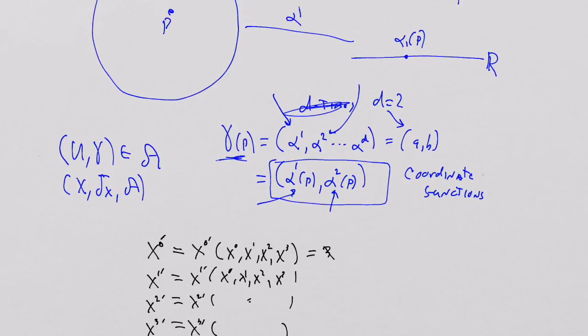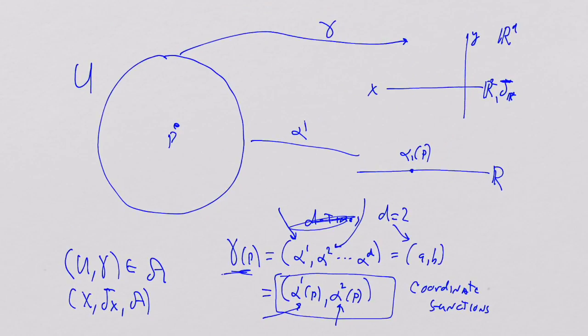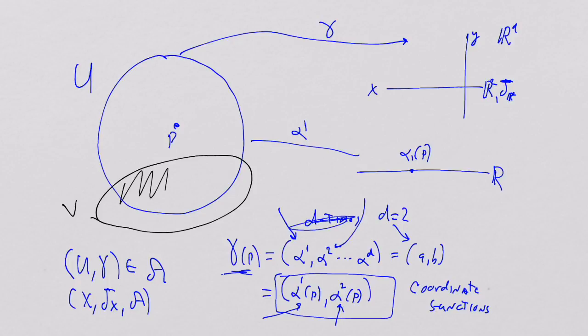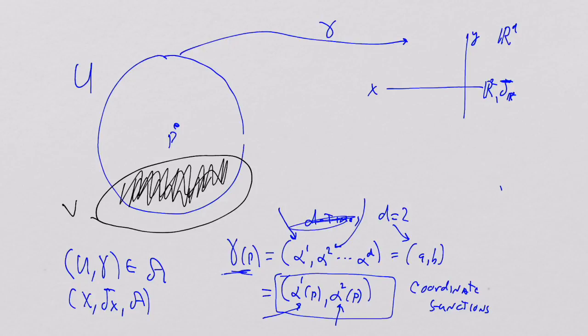So now we understand that when we understand chart maps, we're dealing with one chart into a coordinate system, and we're dealing with the fact that there's going to be another chart, V, and this intersection region, right? You can only have new and old coordinates on a region that intersects. And I'll take out this alpha here so I have some room. Of course, this one is going to have its own map to its own coordinate system, R2.